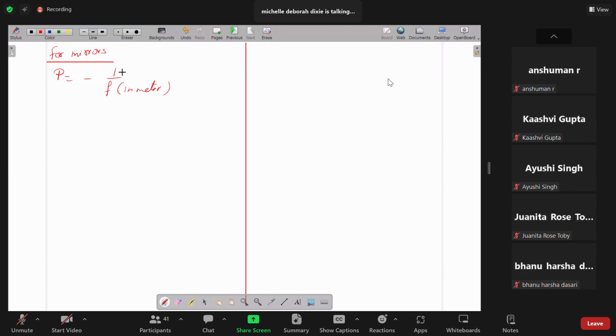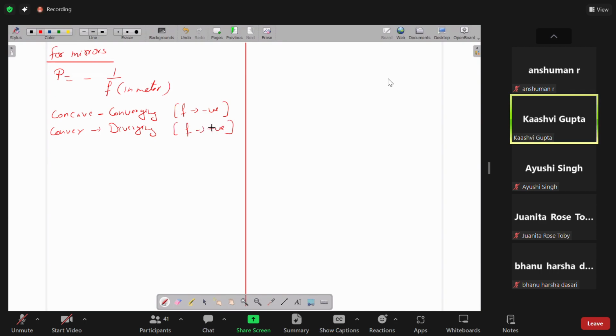And for mirrors, concave is a converging mirror, having focal length negative, and convex is diverging. But ma'am, a convex lens is a converging lens, right?